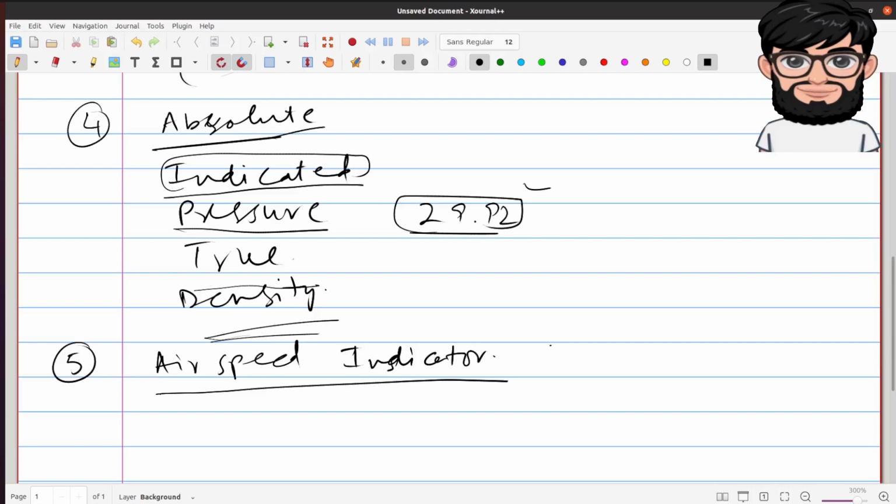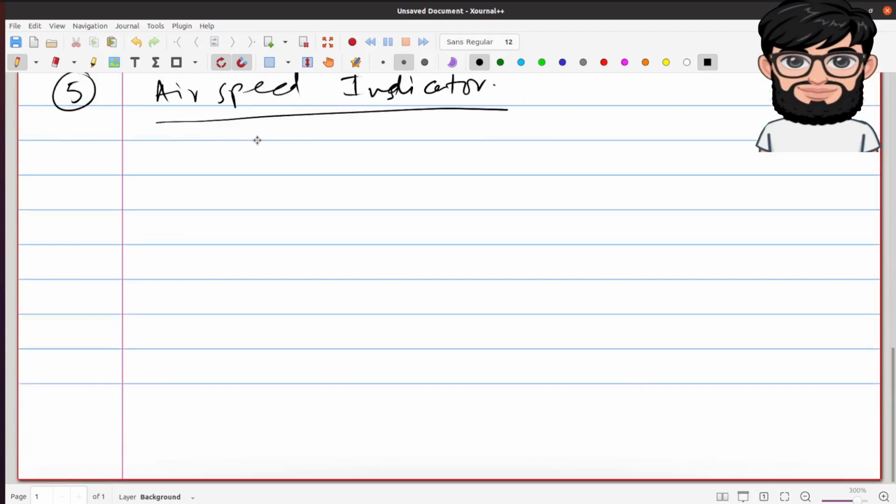The airspeed indicator is a sensitive differential pressure gauge which measures the difference between impact pressure from the pitot head and the undisturbed atmospheric pressure from the static source. So it takes two things: one pressure from the pitot tube and one from the static port, and compares them to tell you your airspeed.